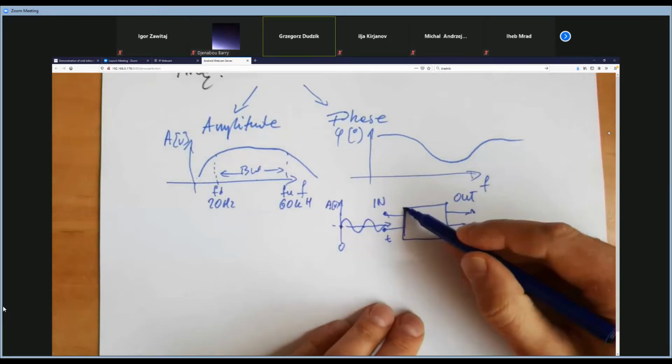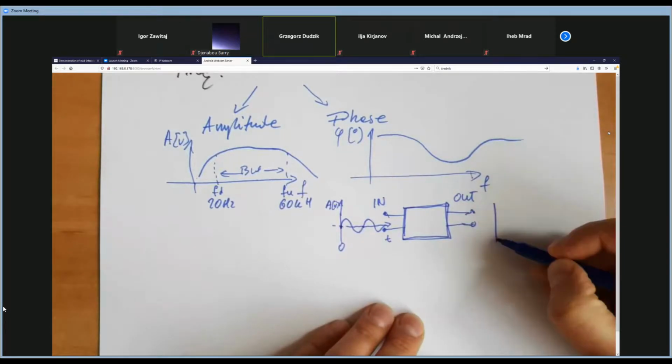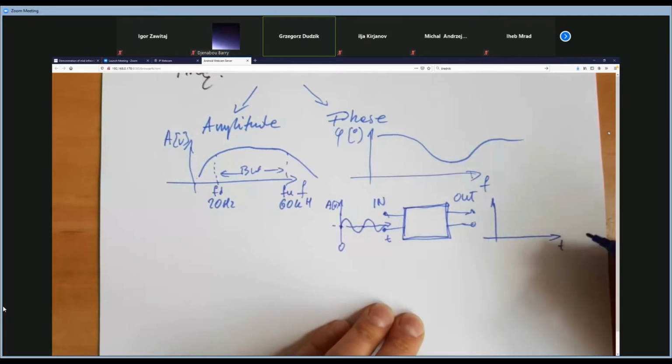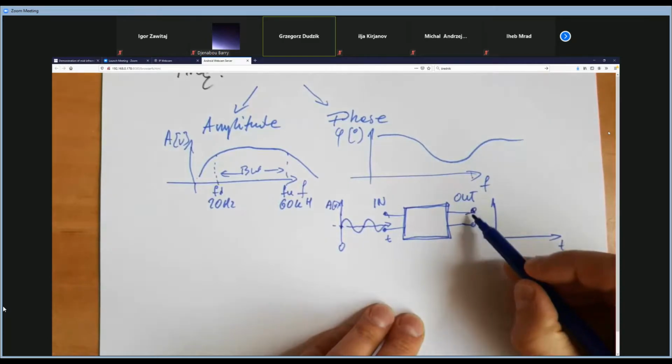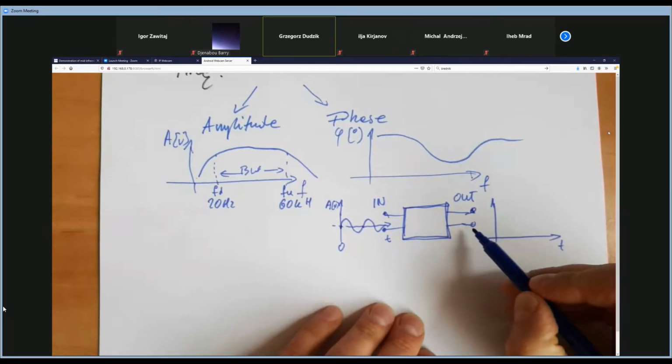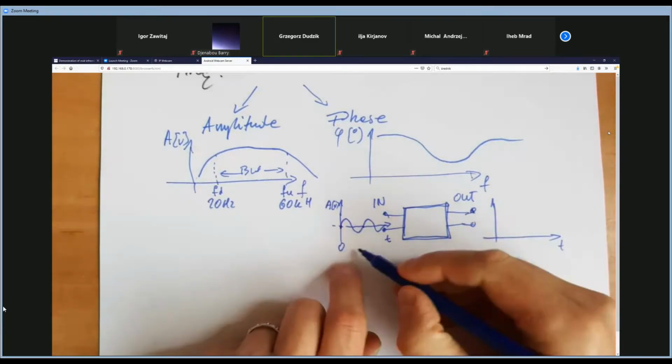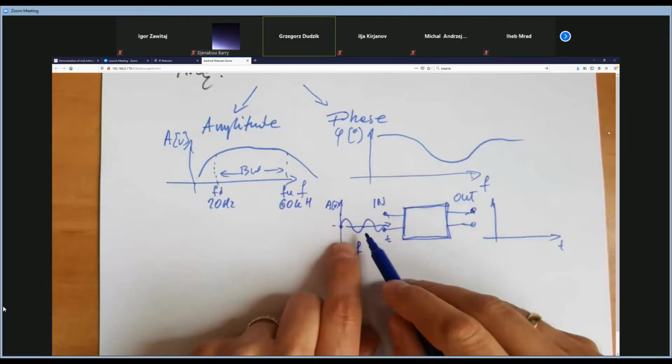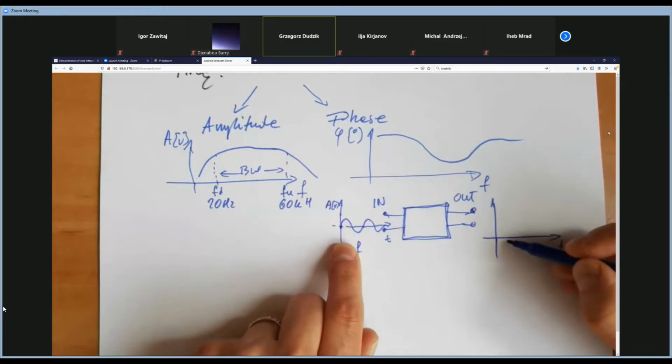For example, if at the same time we are observing the output signal, you will see that for some frequency of the input signal, we will get a sine waveform that looks like that.